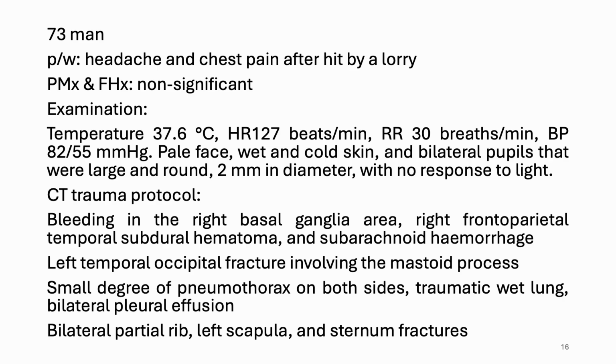On examination, the patient's temperature was 37.6, with tachycardia, tachypnea, and hypotension with a blood pressure of 82/55 mmHg. Of note, he has a pale face, wet and cold skin. Bilateral pupils are large and round, 2 mm in diameter, with no response to light.